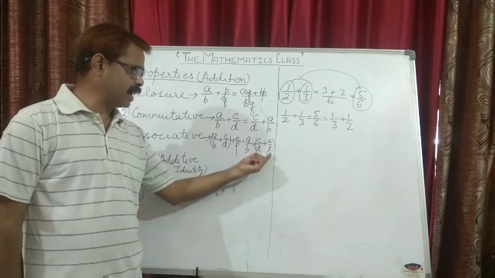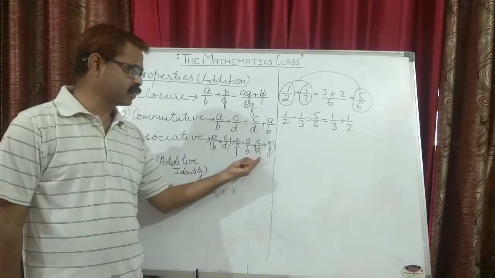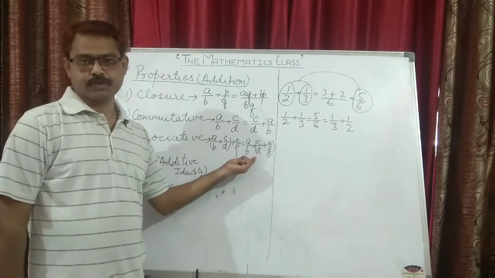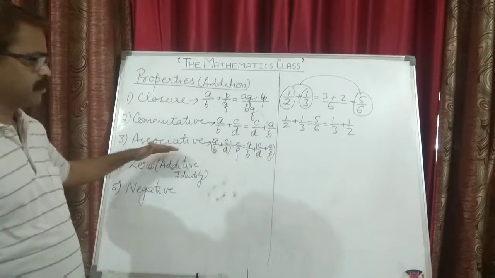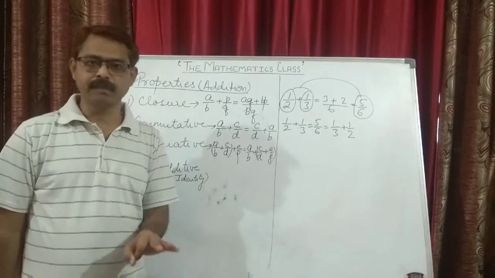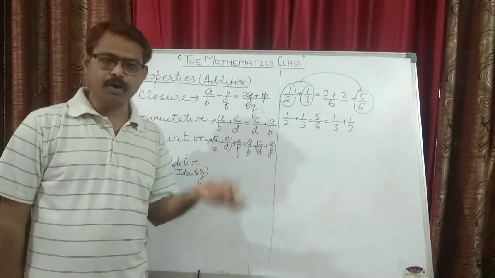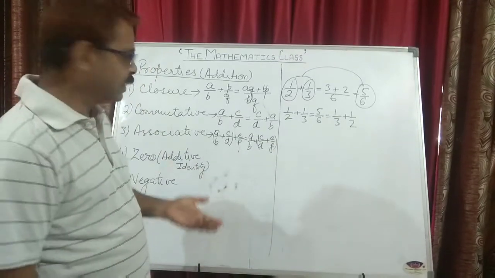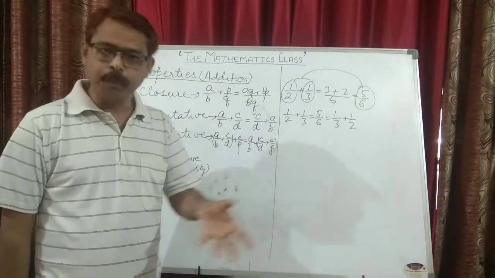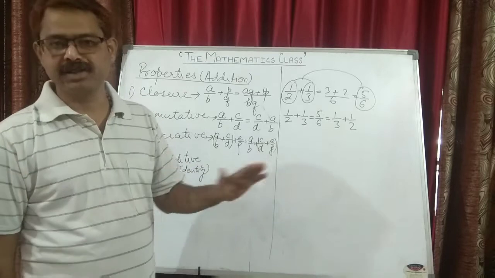And in the second part I have added the last two and the final result is added to the first one. Means associative property means if there are three rational numbers and you want to add them, then whichever way you group them does not matter at all.